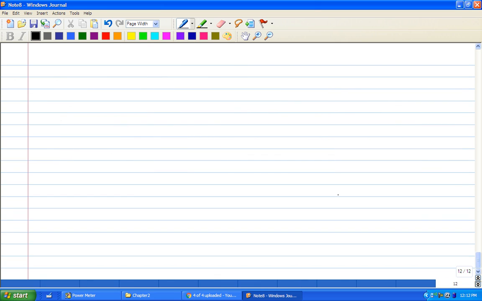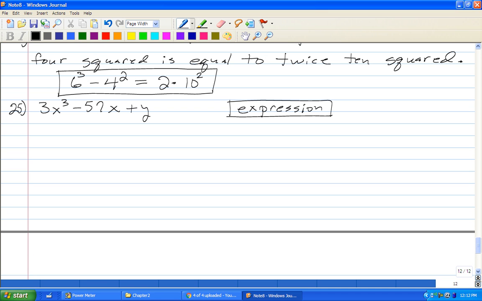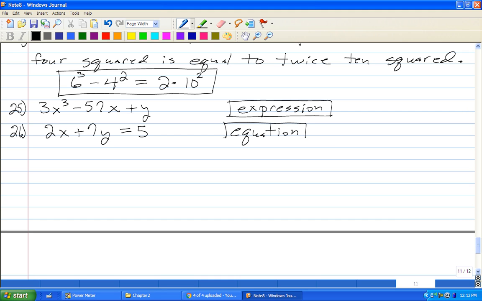Let me do problem number 26. Two x plus 7y is equal to 5. This has an equal sign, so this is an equation. Remember, you can solve equations.